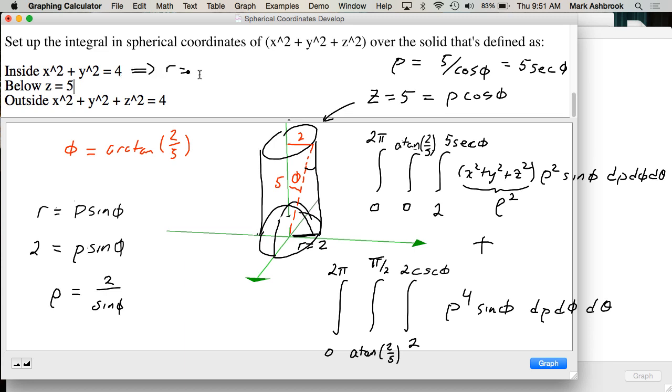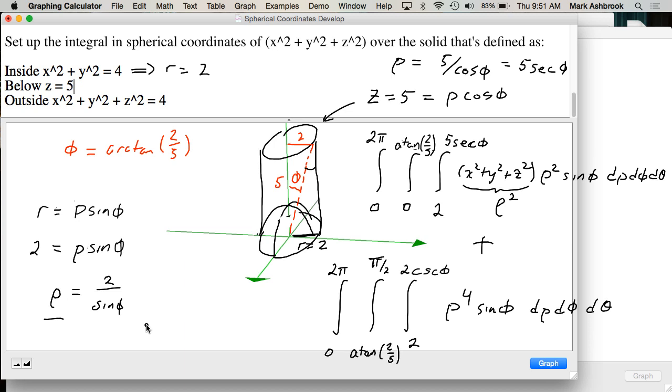And that's where the arrow is going to leave the solid for that range of angles. And so then we used our relationship that r is rho sine phi to get it in terms of rho. So r is just 2, rho sine phi equals 2, solve for rho, 2 over sine phi. Better?